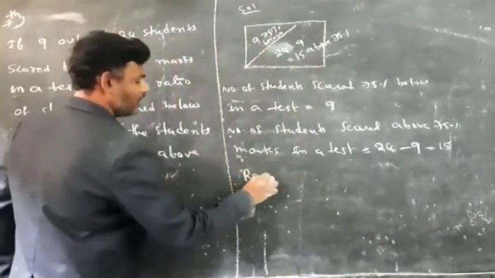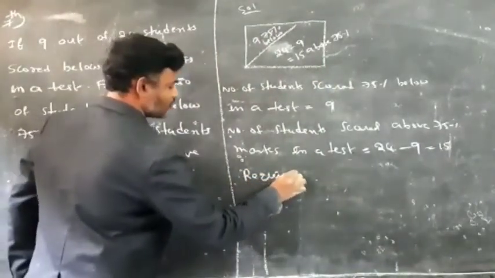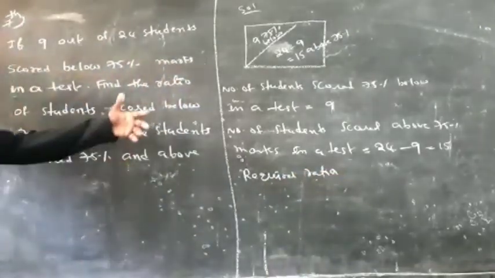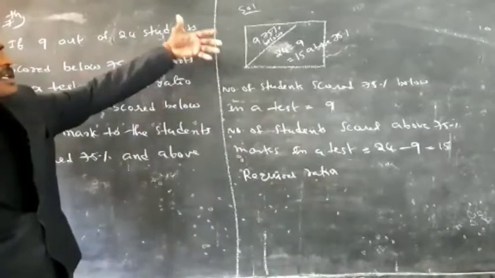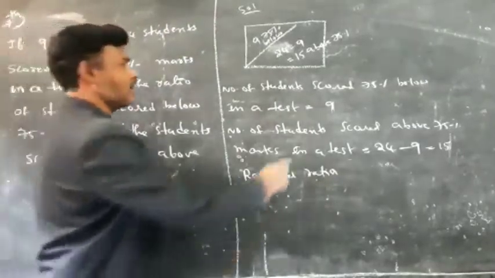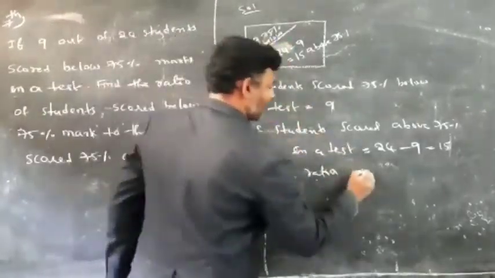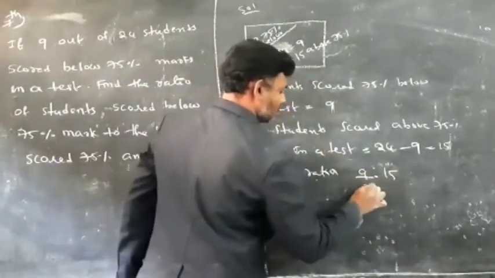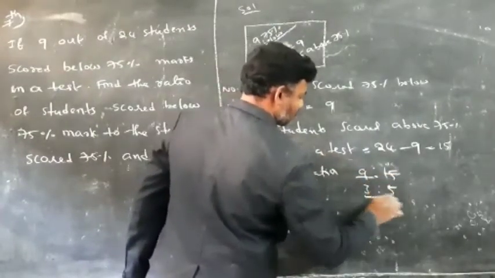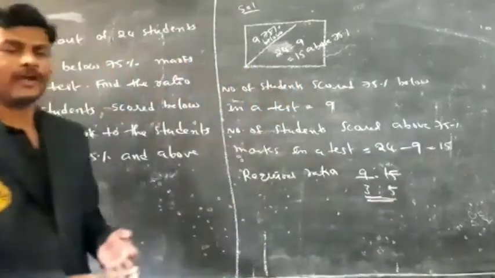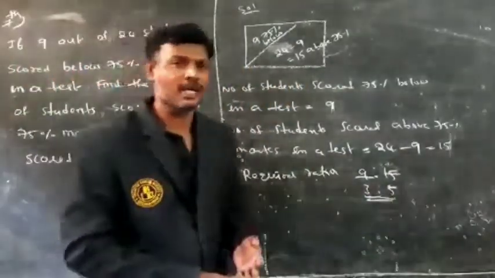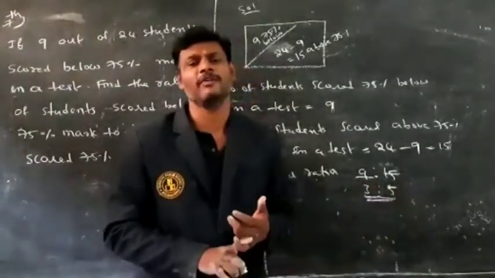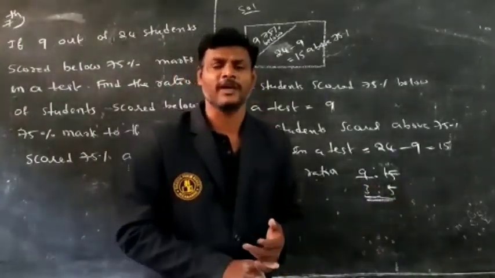Then the required ratio: I need the ratio between the students who scored below 75% and above 75%. Below 75% how many? 9. Above 75%, 15. 3 threes are 9, 3 fives are 15. So what is the ratio? 3:5. The ratio between students who scored below 75% and above 75% is 3:5.